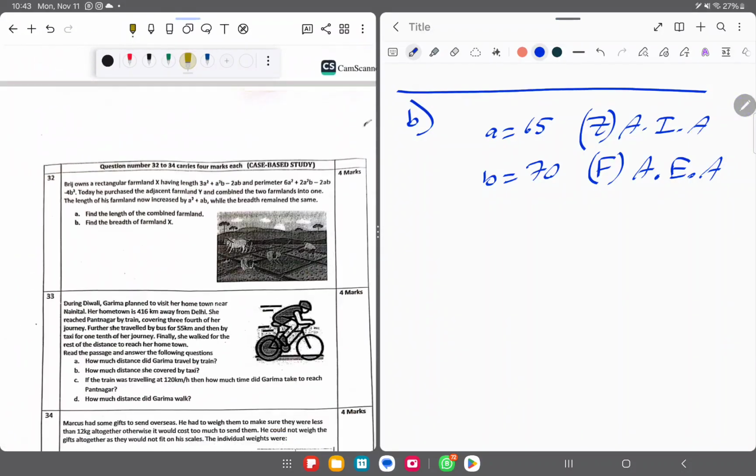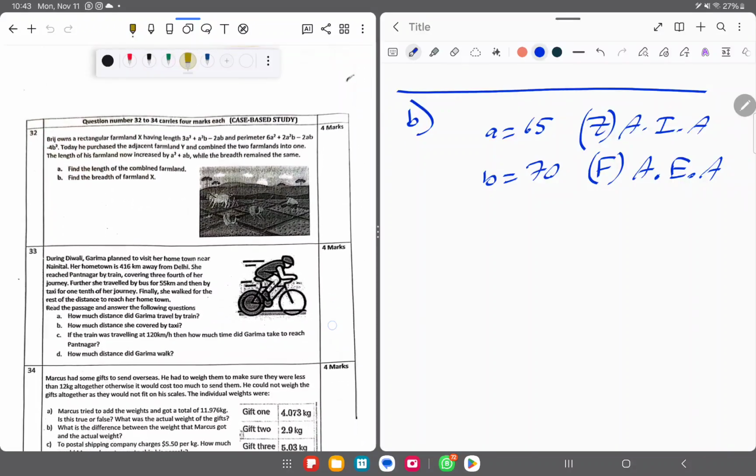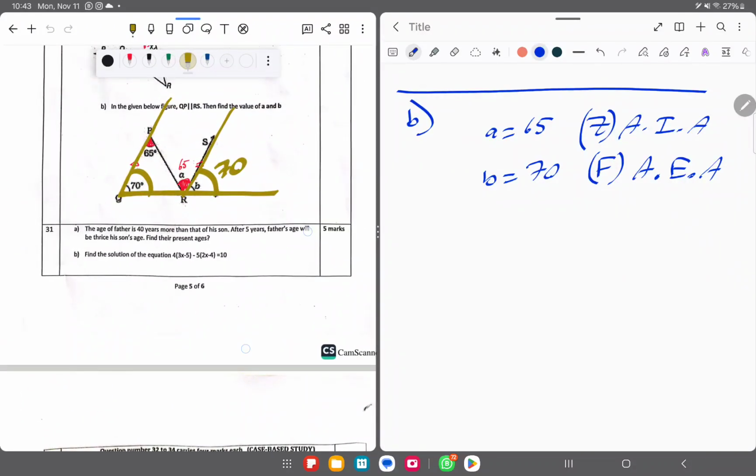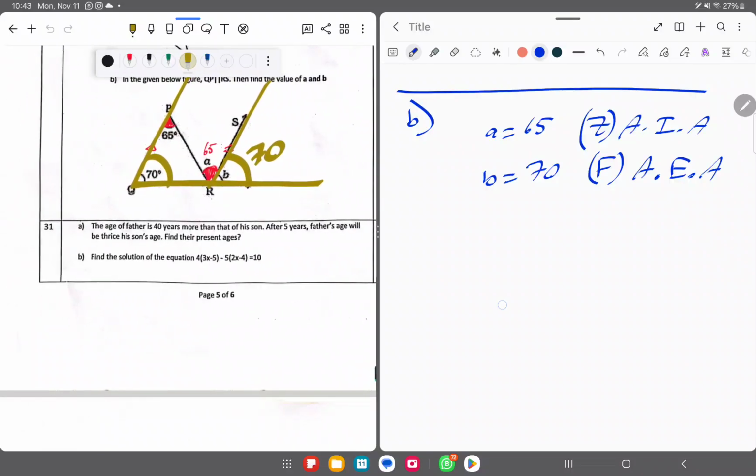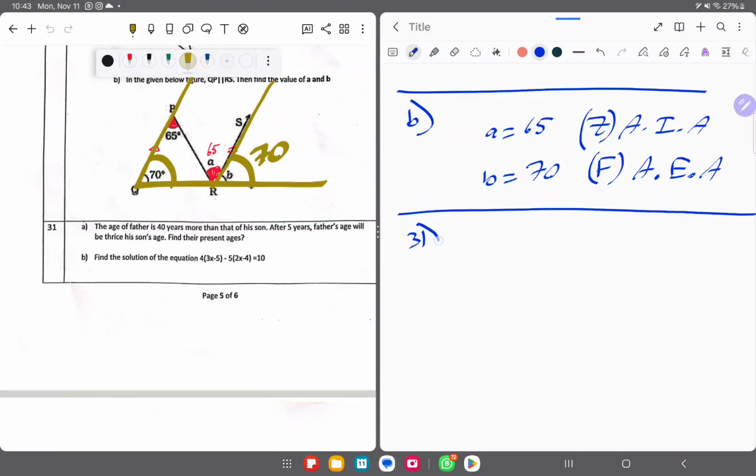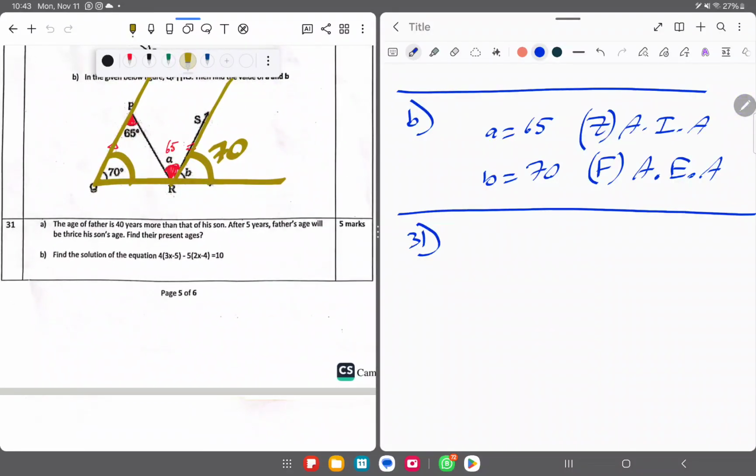3 more questions. 4 more questions. The age of the father is 40 years more than his son.